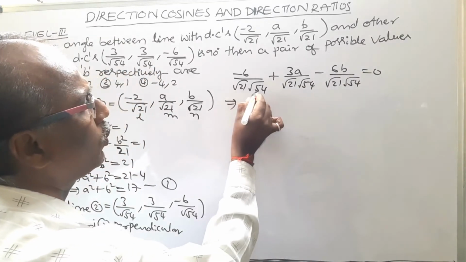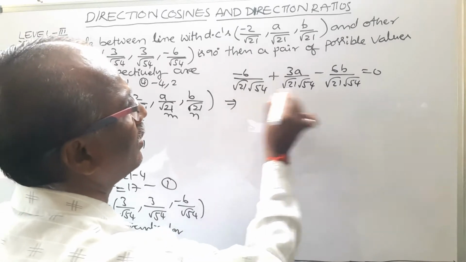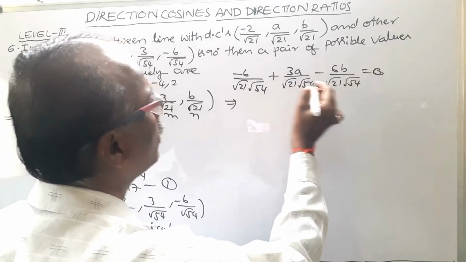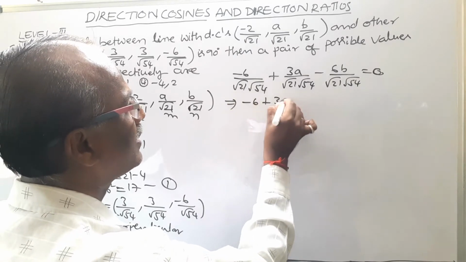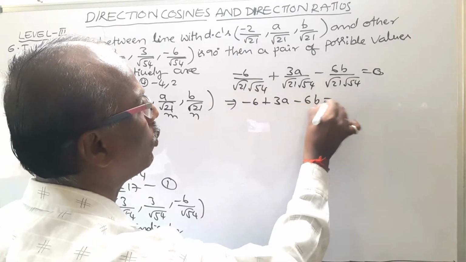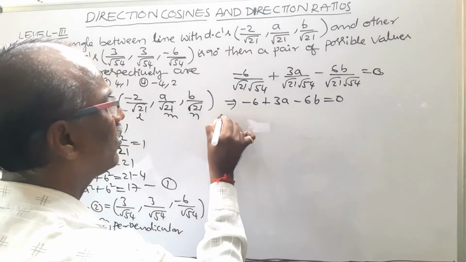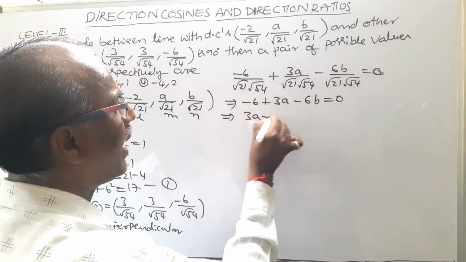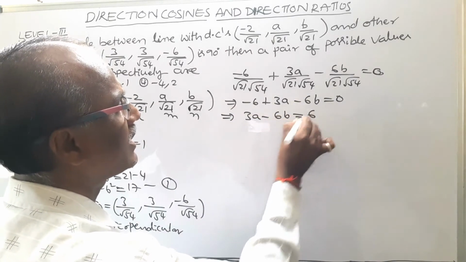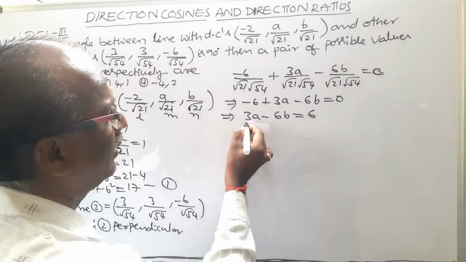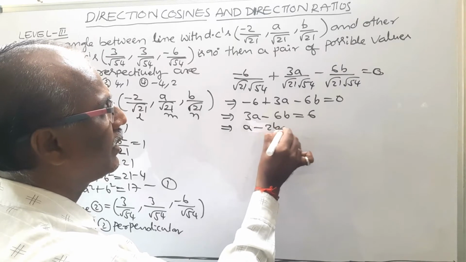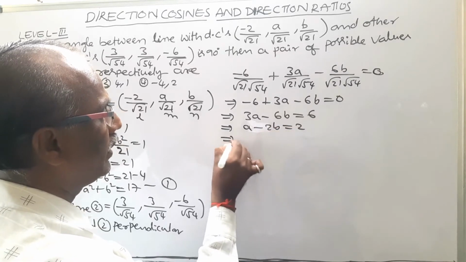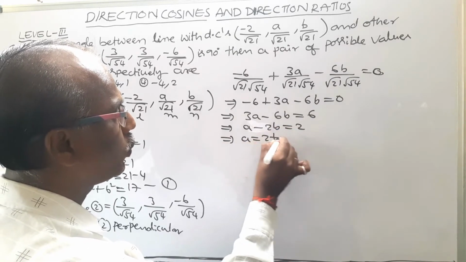Here root 21 into root 54 is the common denominator; cross multiplying with 0, this value is 0. Minus 6 plus 3A minus 6B equal to 0. 3A minus 6B equal to 6. Dividing the equation by 3, A minus 2B is equal to 2. A is equal to 2 plus 2B.